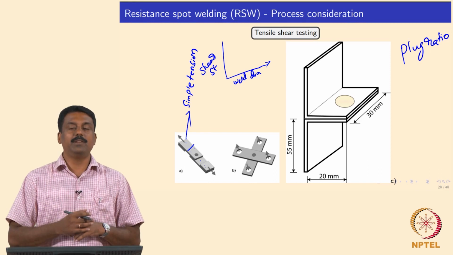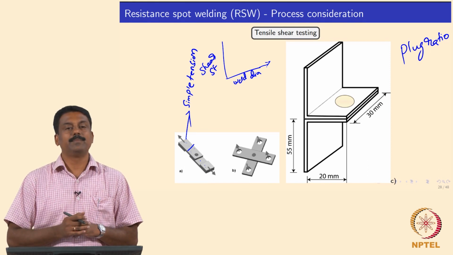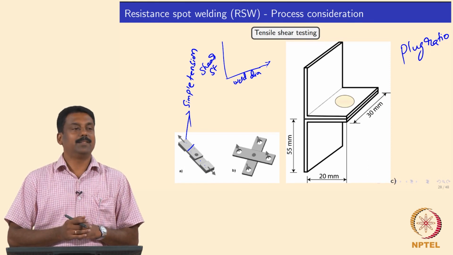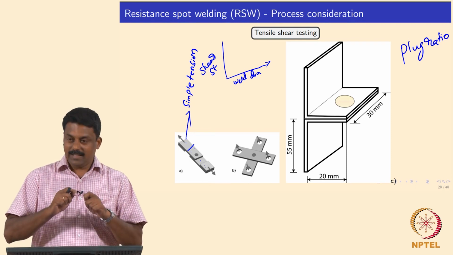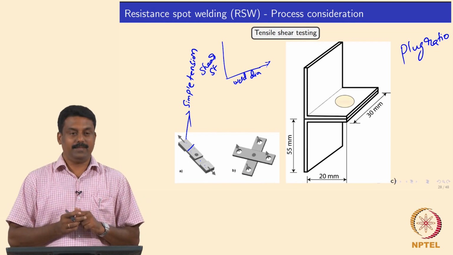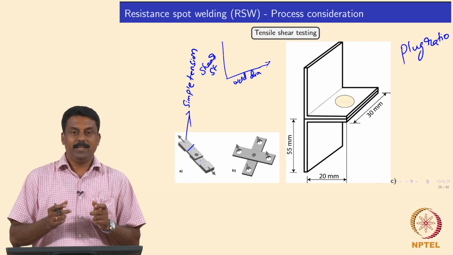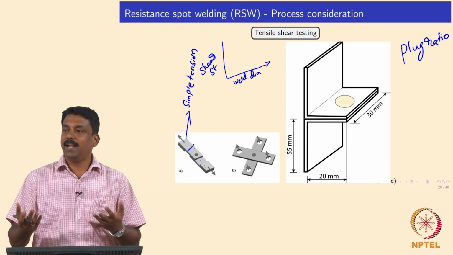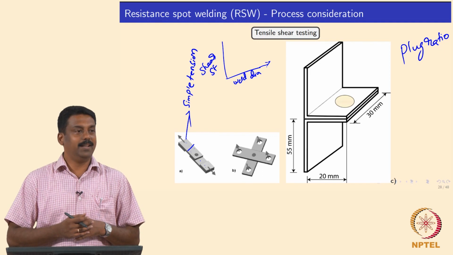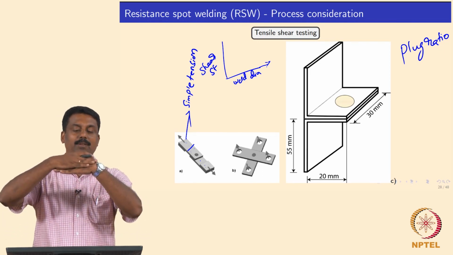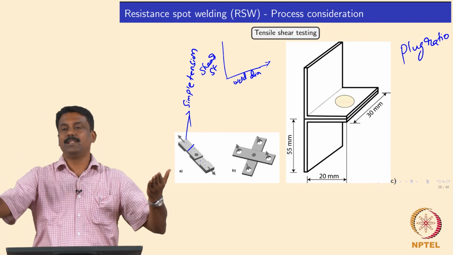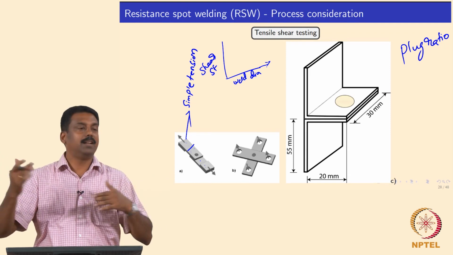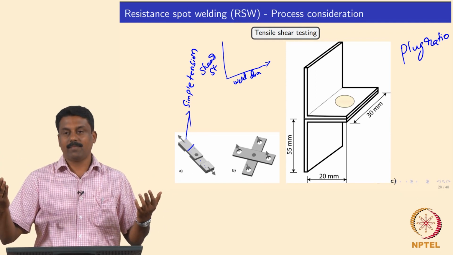Okay. If a plug ratio is 0, what does it mean? Yeah. So, that means that the interface has completely failed. Okay. That means that you have a situation like what you had before welding, isn't it? Complete interface failure. So, if both the plates come apart after testing, what does it mean?